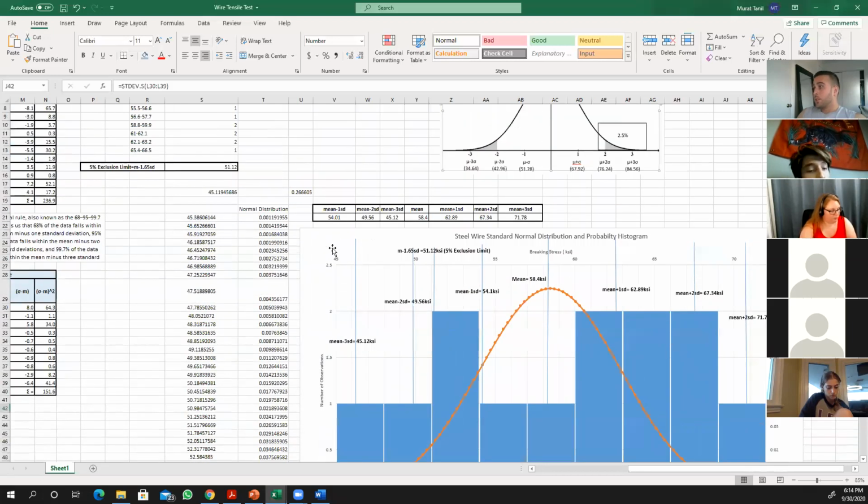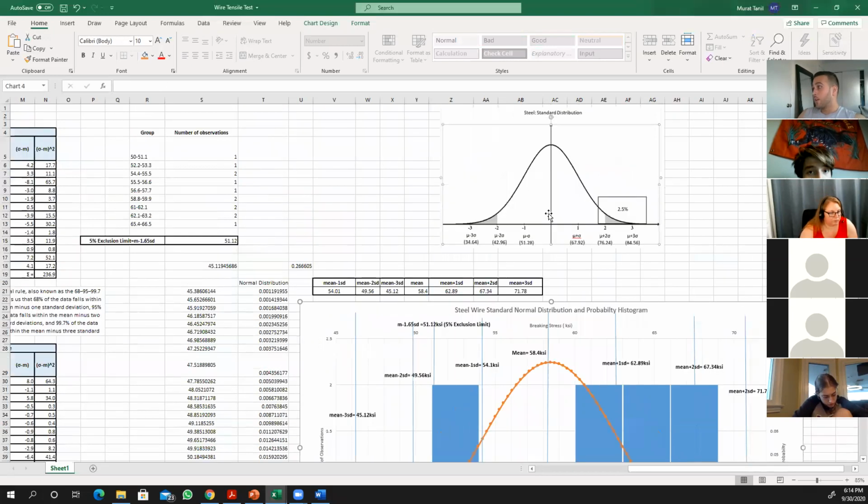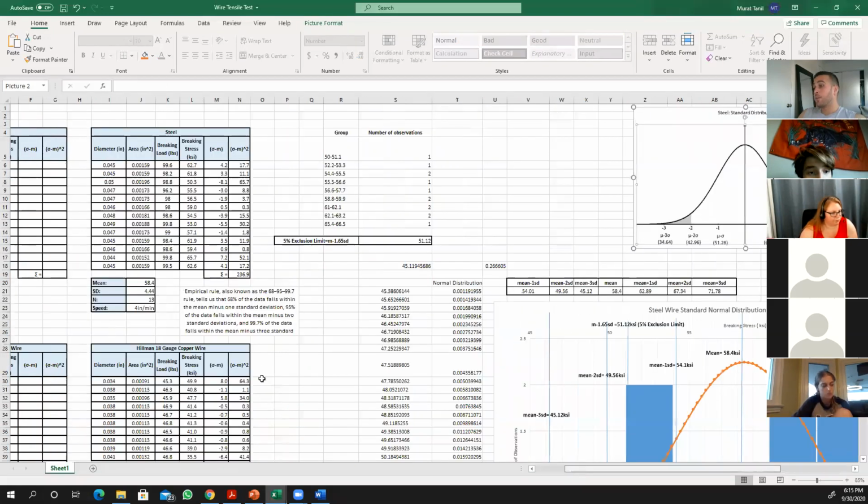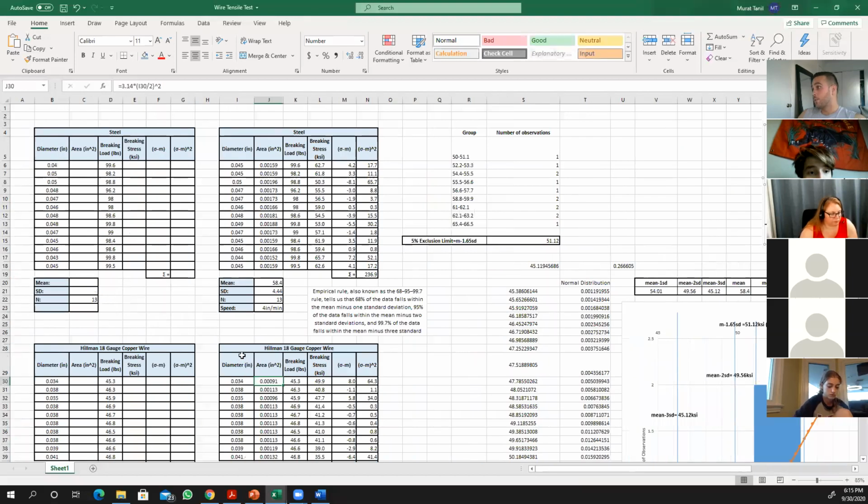Before we get to this section, I will share a PDF or a video, at least from a different source, so you have familiarity with the normal distribution and probability histogram. Before you come to class, you should be familiar with these graphs and how to calculate the normal distribution, etc. And this one will be on Moodle as well.